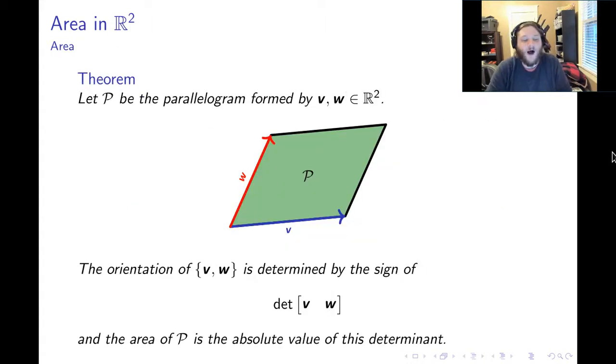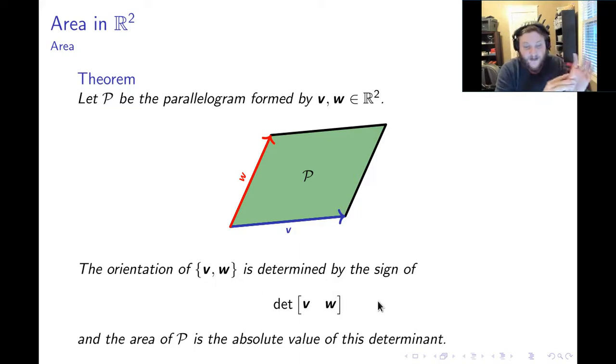Okay, so now let's see how determinants fit into this idea. Let's say we start with 2 vectors in 2 dimensions, v and w, and let's use those 2 vectors to define a parallelogram called P here. It turns out that if we put those 2 vectors into the columns of a 2 by 2 matrix, the sign of the determinant of that matrix tells us the orientation of the list v, w.